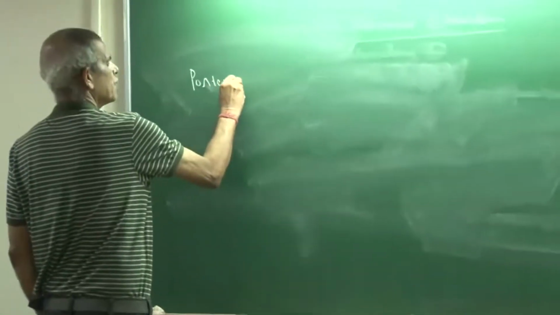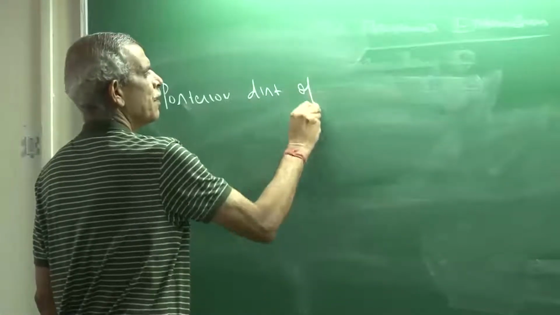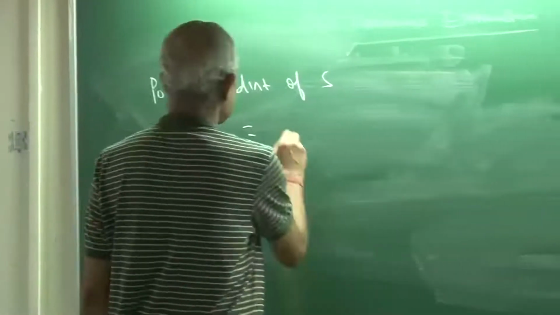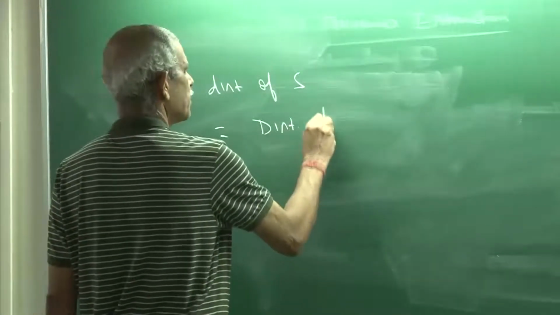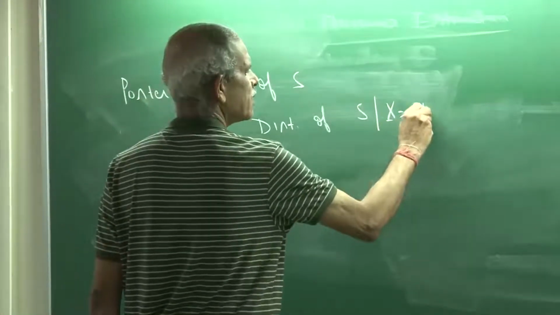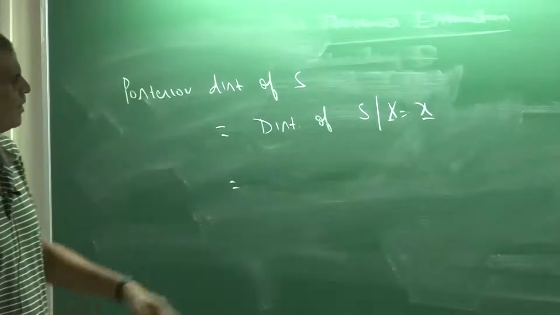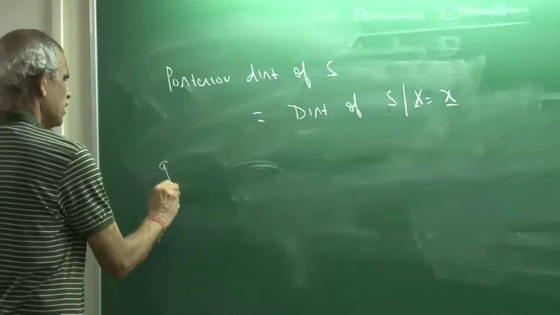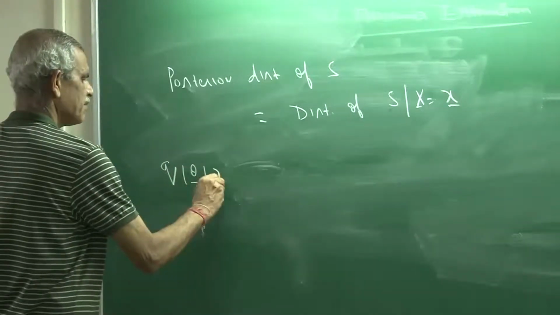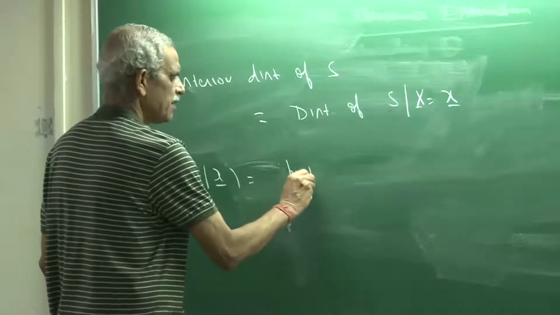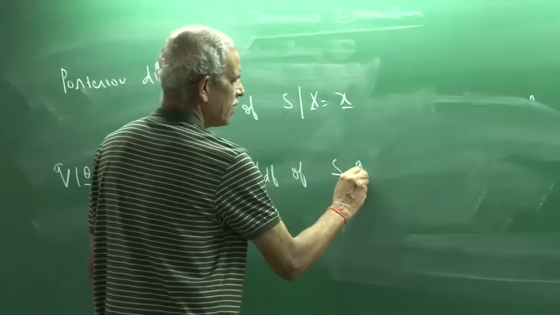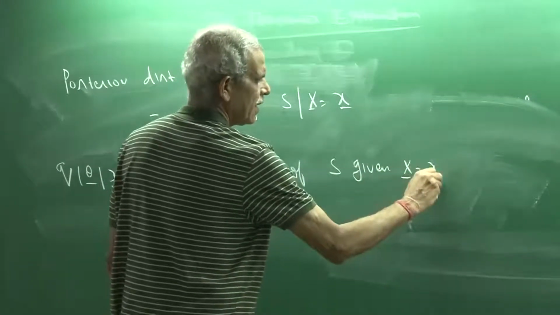The posterior distribution is nothing but the distribution of S given x equal to x, which is the same as q of theta given x, the posterior PDF of S given that you have observed data as small x.